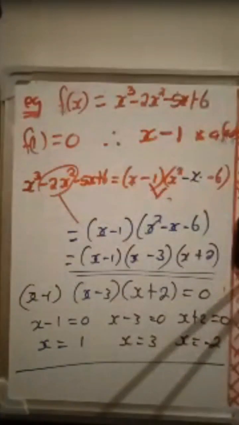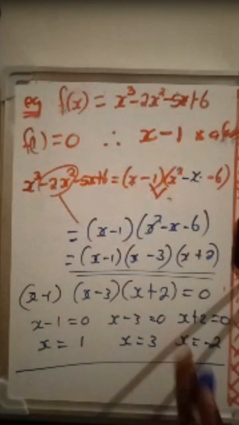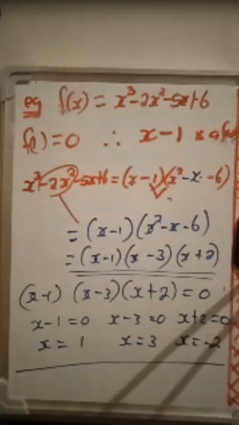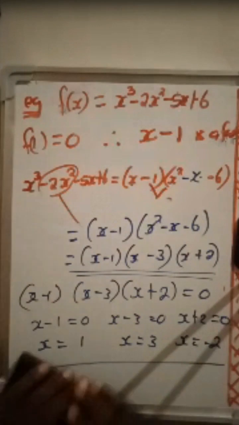Let me try to do another one. And I'll try to do it slowly, and I'll try to write the steps downwards. Only that my board is small. Okay? Right. For example, another one, number 2.